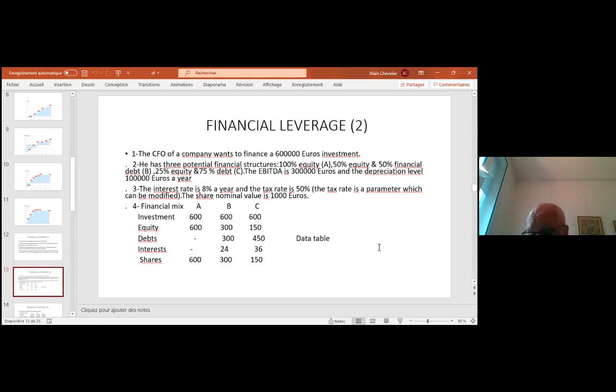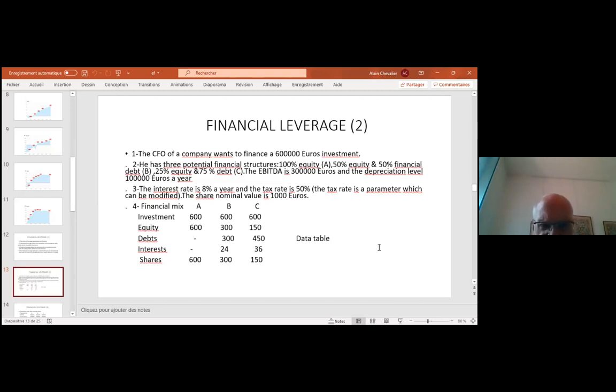And the tax rate, as we know, is a parameter which can be modified during the life of an investment, which means there is uncertainty at the level of the tax rate, of course, but also of all the results depending on the tax rate. We know also that the nominal or original value of shares is 1,000 euros. So we have all these elements, and we try to go through the exercise using them.